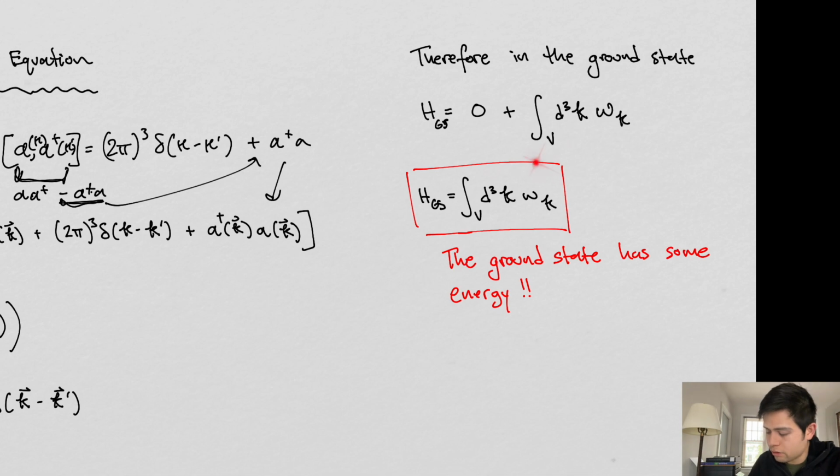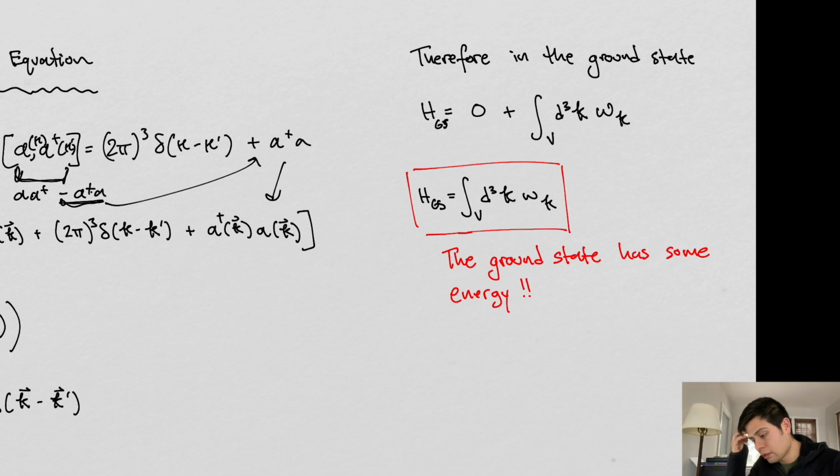Because here is, in some sense, a very technical definition. There's actually energy in the ground state. The ground state we typically associate with the word nothing, which is, again, something of an arbitrary definition. So that's just something to think about.